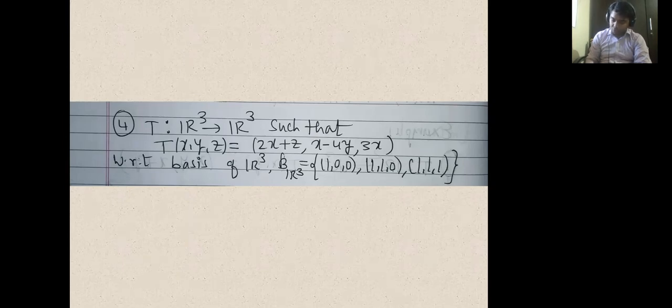So that is 2, and x minus 4y, so 1 minus 4, minus 3, comma 3. And the last, T of (1, 1, 1), is (3, minus 3, 3). These are the three vectors we get.